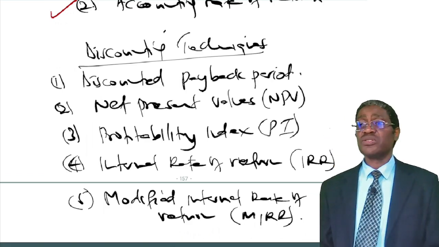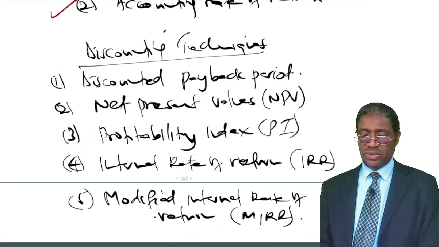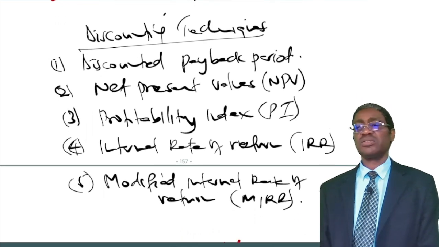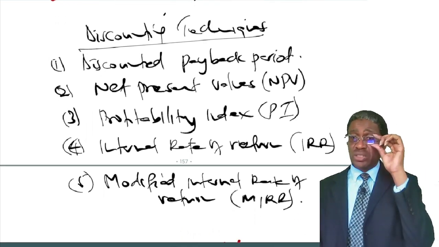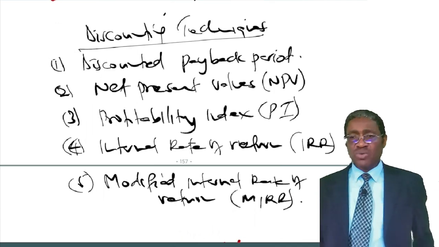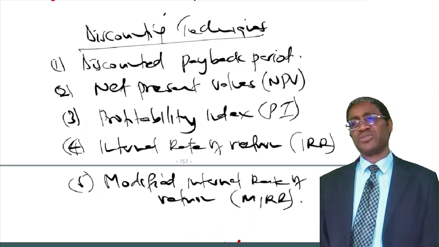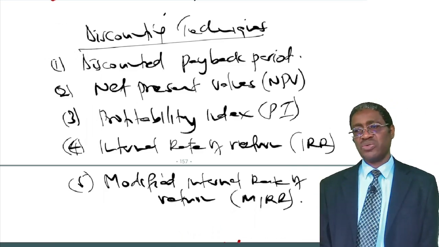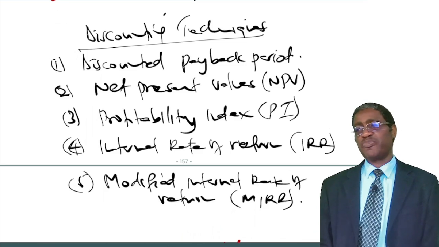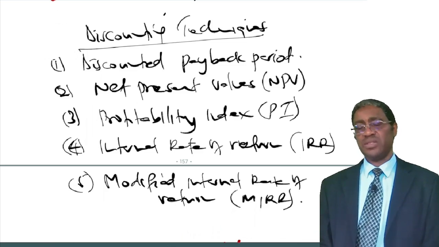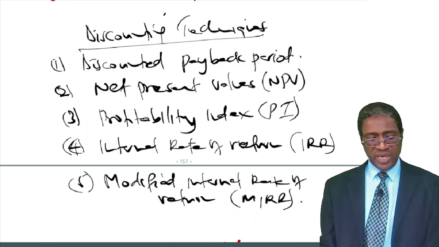They include, number one, discounted payback period. Number two, net present value, NPV.